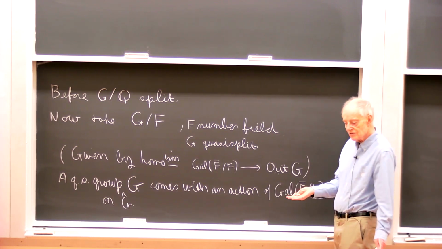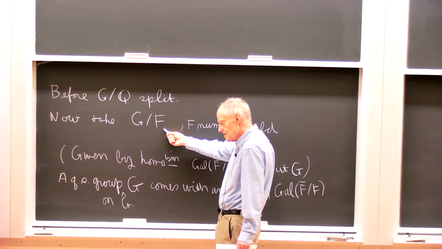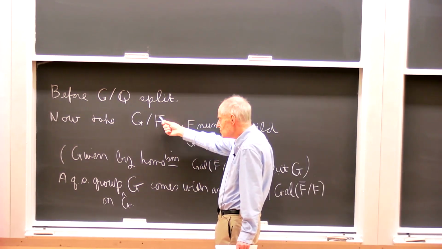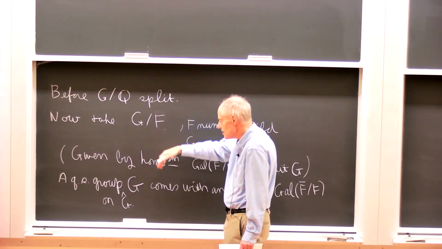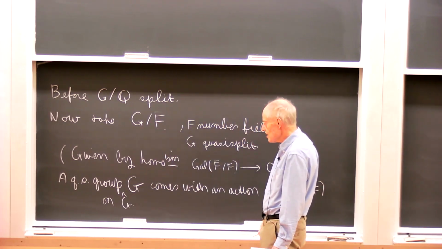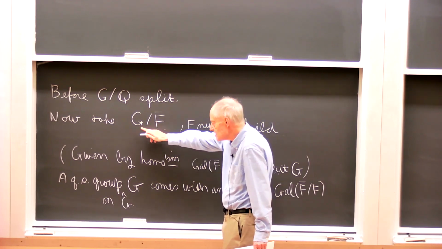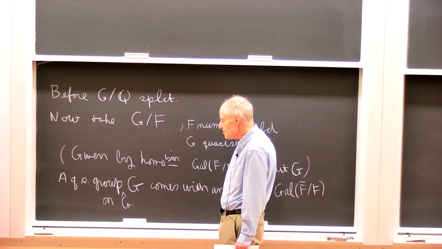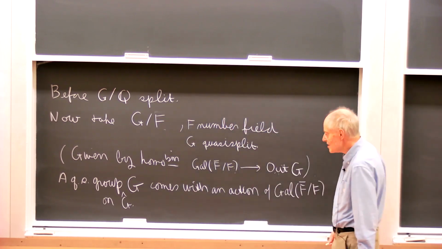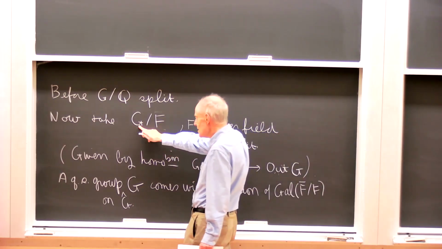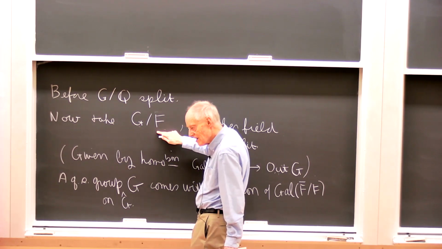A split group is a group defined over F, the smaller field, and the Chevalley group has an action of the Galois group on G over F bar, and it's the fixed points of that action that give the group of F points of the Chevalley group. A quasi-split group comes from taking a split group and taking its points in G(F bar) and changing the Galois action.